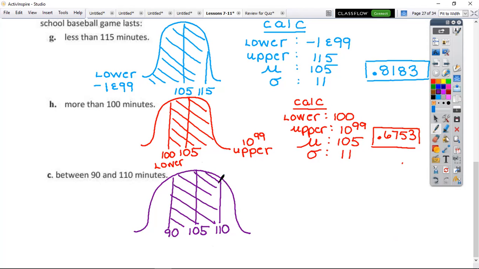So now my lower value changes again, and it becomes 90. My upper becomes 110 instead. So now I'll write the screen first again. Lower is 90. Upper is now 110.